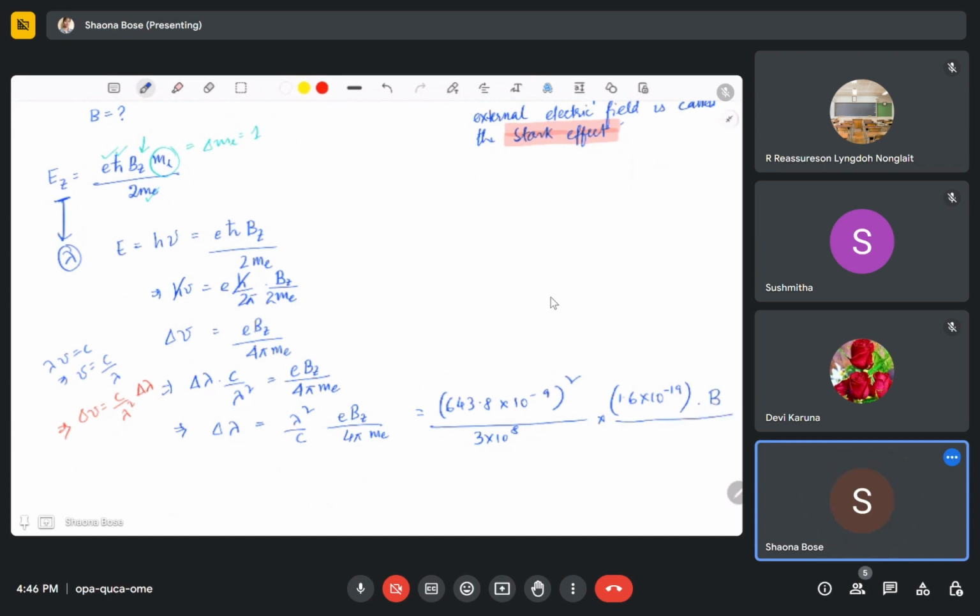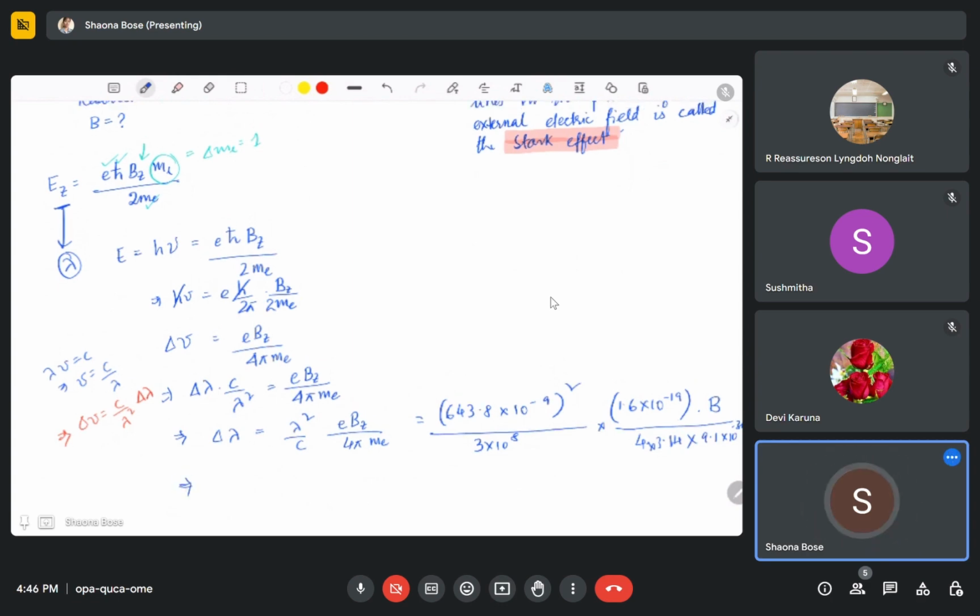Okay, B z, this B you have to find, and you have 4 here, pi is 3.14, and the mass of the electron 9.1 into 10 raised to the power minus 31.